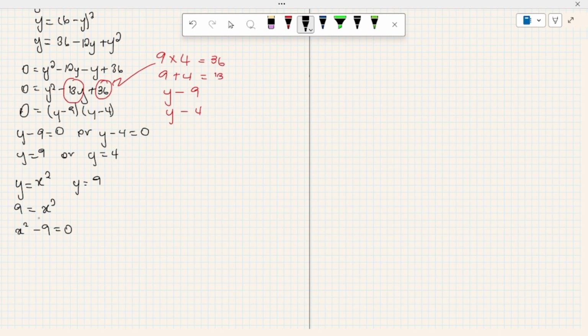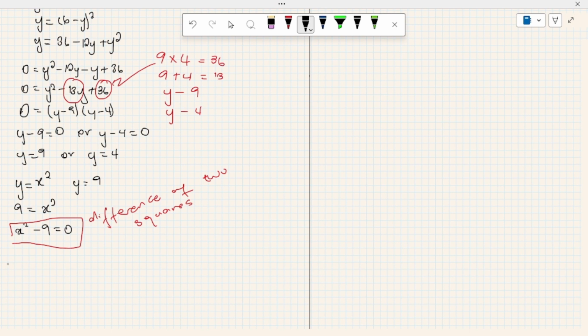So we know that when there's x squared minus 9 is equal to 0, this is a what? A difference of two squares, guys. That's what this is, and you should know by now how to solve this.